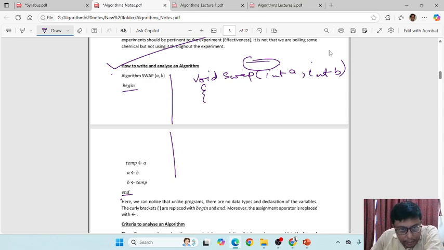This can be replaced in the code section by opening and closing curly brackets. Within this, you can write these steps.